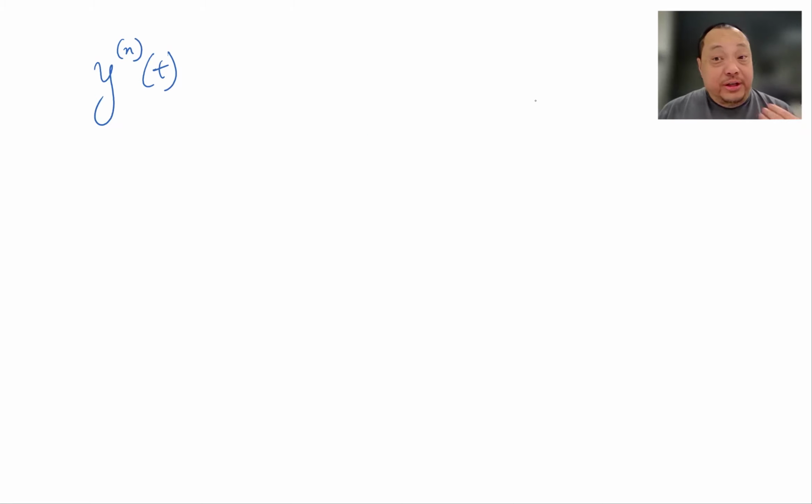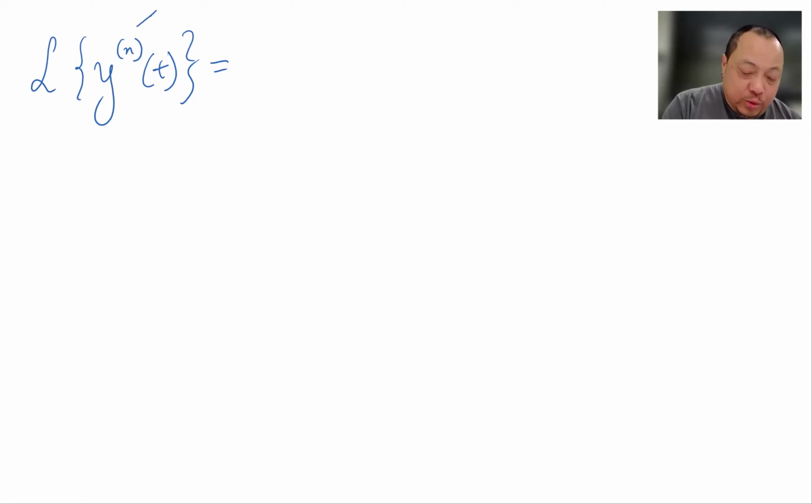So you have the nth derivative of y in t, and you want to take the Laplace transform of it, then this is what you do. First, you write down s to the power n, which is the same power as the derivative, times the Laplace transform, so times capital Y. That's your first term.